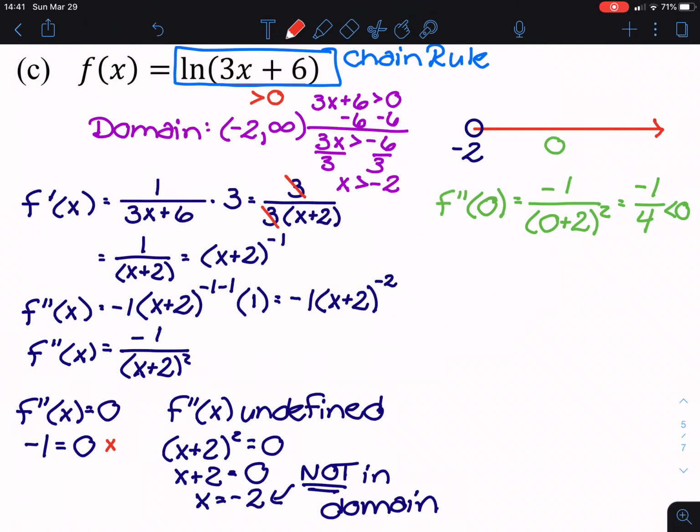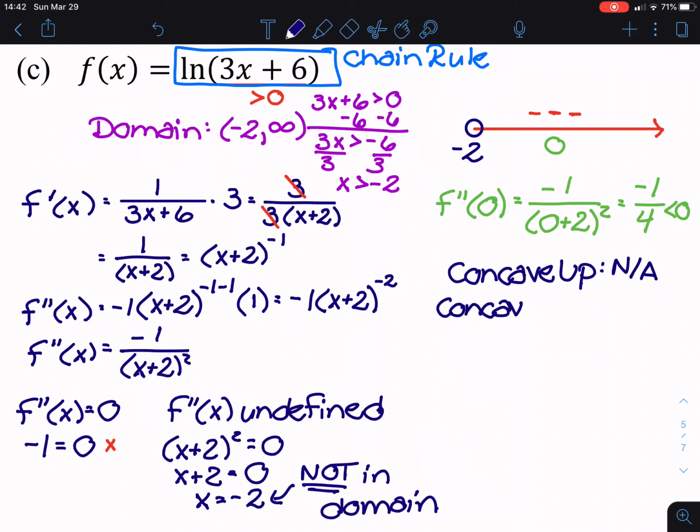So that tells me that the entire interval, the entire domain of my function, is concave down. So based on that, I know that concave up is not applicable. I have no intervals where I'm concave up.